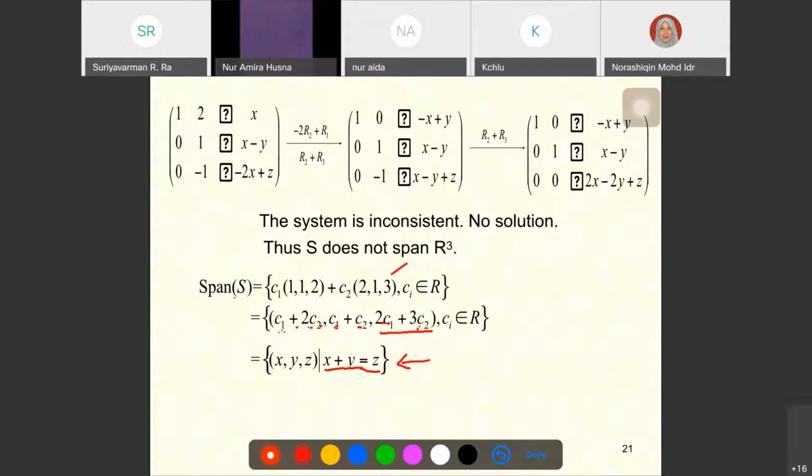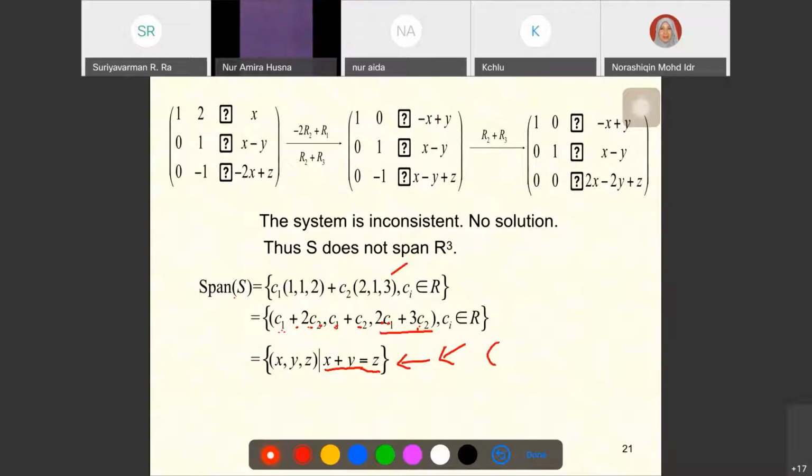So give me an example of a vector that is in span of S. Anybody? Any vector in span of S must be in the form X plus Y equal to Z. Any other vector that is in span of S? Anybody?